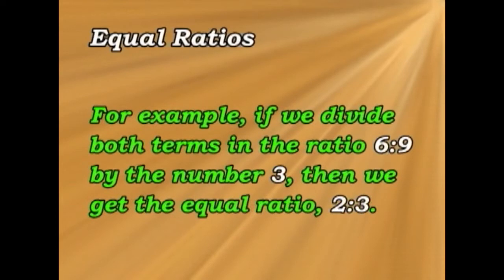For example, if we divide both terms in the ratio 6:9 by the number 3, then we get the equal ratio 2:3, like this. 6/9. 6 divided by 3 equals 2. 9 divided by 3 equals 3.